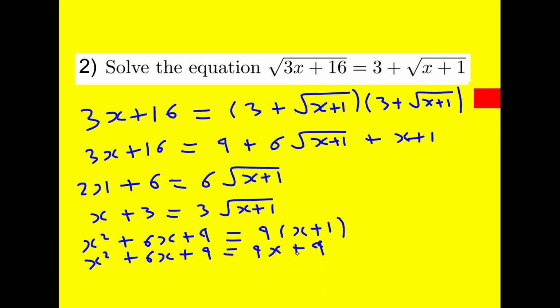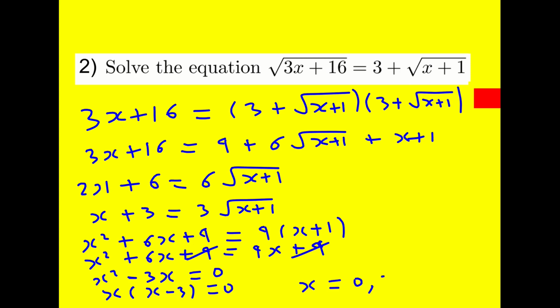This is good news actually, because these just cancel out. Let's try that again. x squared minus 3x is equal to 0. Factorize it: x times x minus 3 equals 0. x equals 0 or 3.